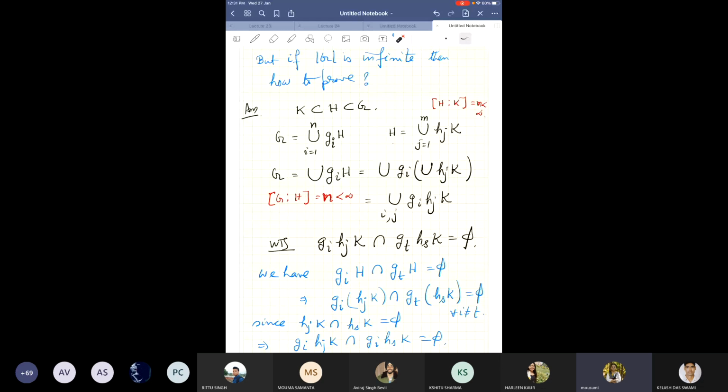Now H is a disjoint union of these left cosets. So I am taking one piece, say HJK from here. So this will be sitting inside this one, no? Okay, ma'am. Got it.